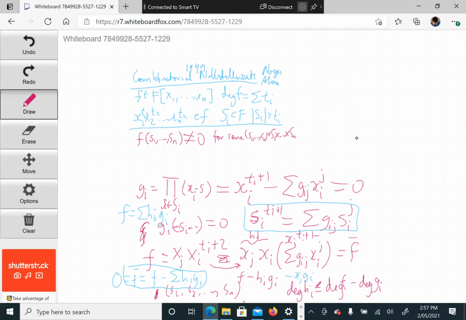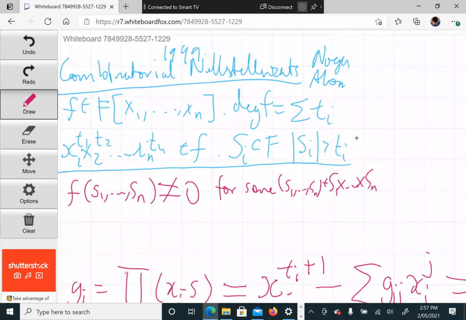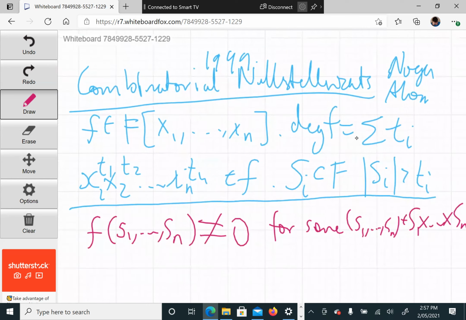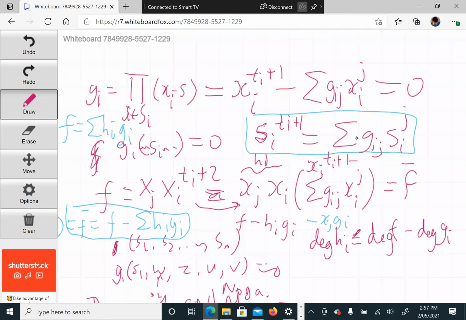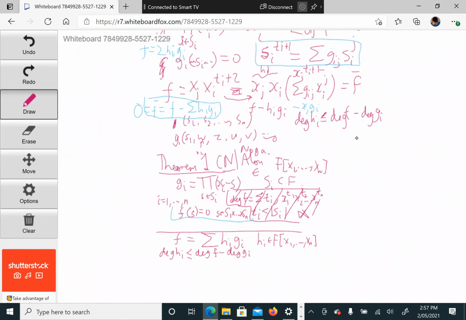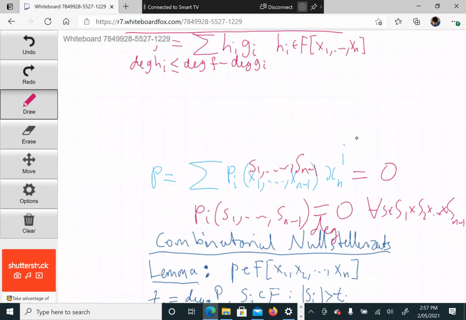Then if you define the g that way, and then you have the degree of f less than t1, and the sum of ti equals the degree of f, then f equals 0. Okay, so that's the lemma.